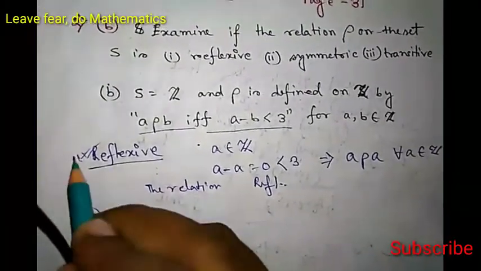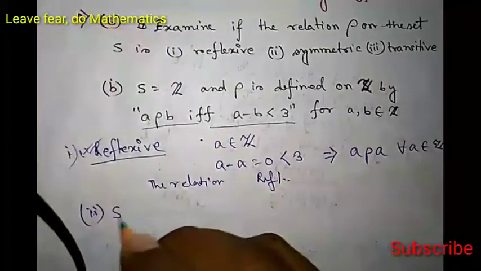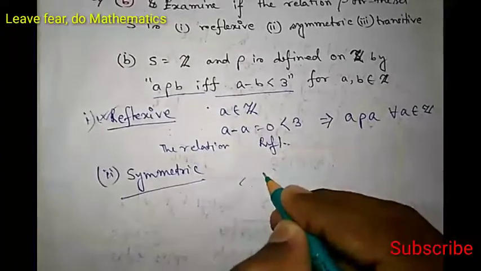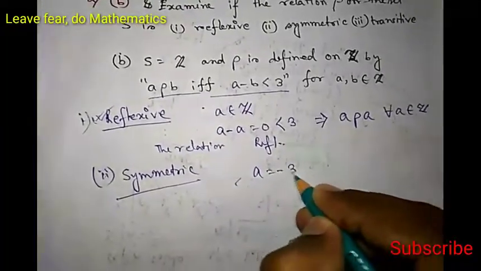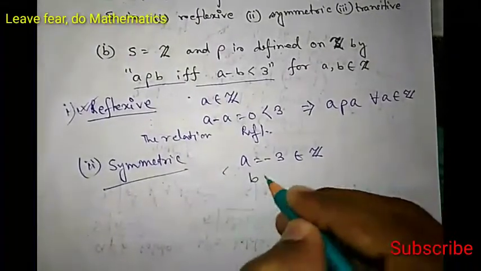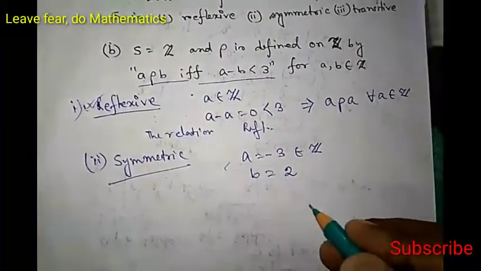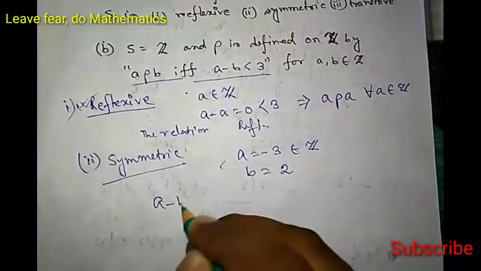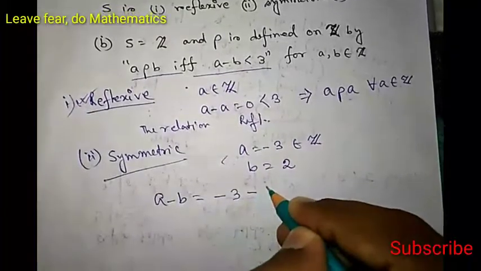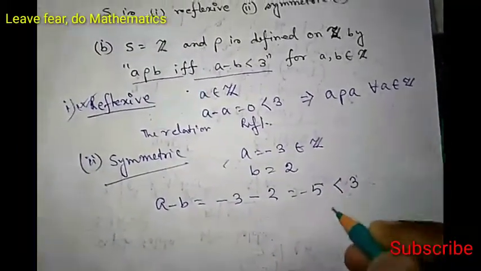So let us check symmetry, if it is symmetric or not. To check symmetry, let us take an example. Let a equal to minus 3, which belongs to Z, minus 3 is an integer, and let us take b equal to 2. Then a minus b is minus 3 minus 2, that is minus 5, and minus 5 is less than 3.